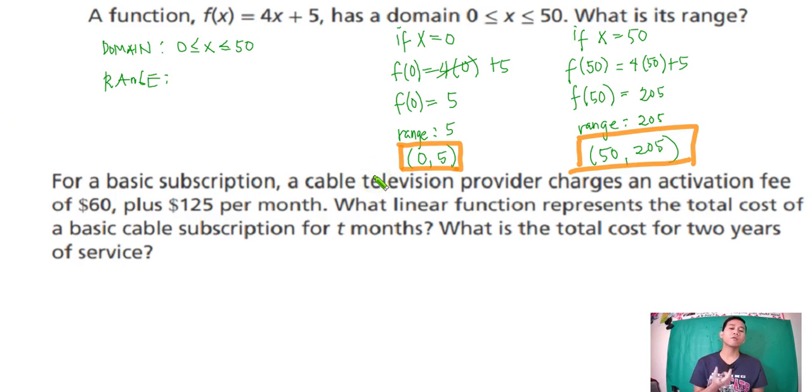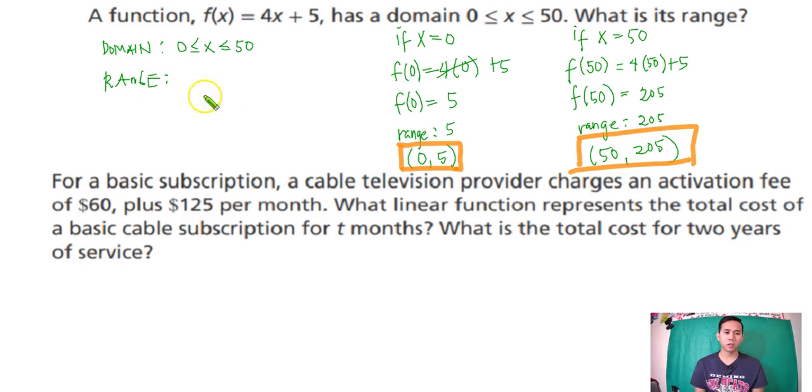Thus, we have the minimum domain, which is 0. When the domain is 0, the range is 5. And we also have the maximum. The domain is 50, and we get 205 as the range.